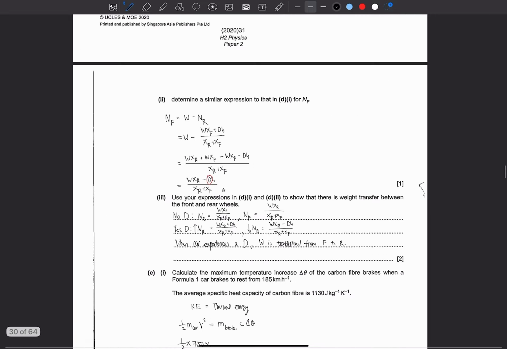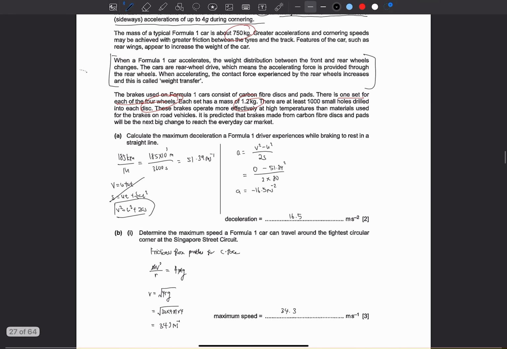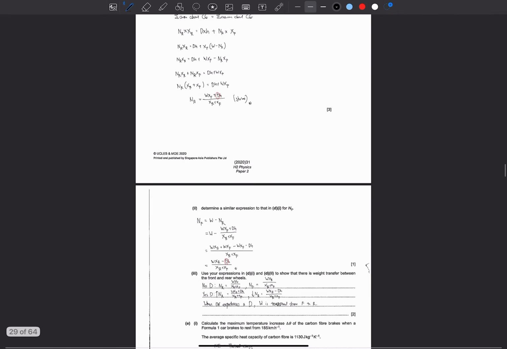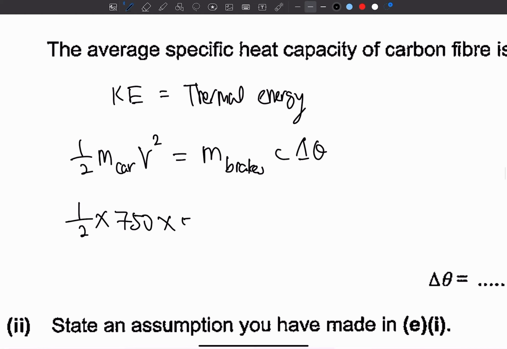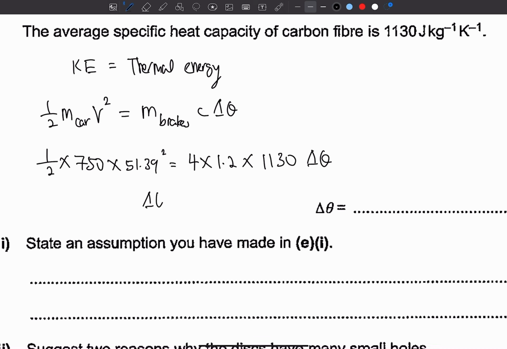And recall that we have actually converted the speed from 185 kilometers per hour into meters per second: 51.39. The mass of the brakes, where the mass of the brakes is 4 times 1.2 kilograms, multiplied by the specific heat capacity times delta theta. So, if you were to solve for delta theta, you will simply get 183 degrees Celsius.